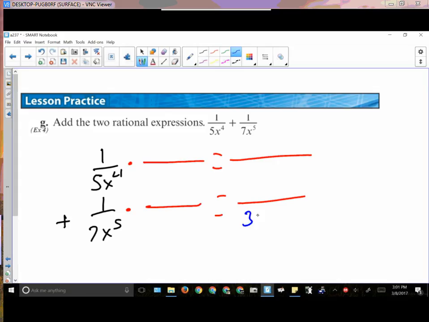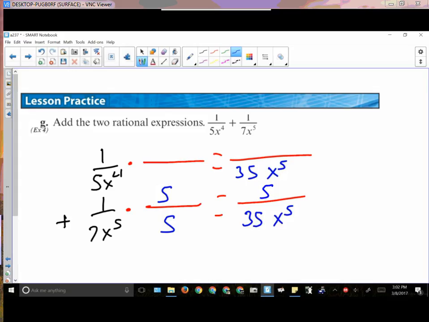So I got a 35 here and I got a 35 here. How many x's do I need? Well, I got 5 here and 4 there, so that means I'm going to need a maximum of x to the 5th. We only need to make sure that this is here or that is there.